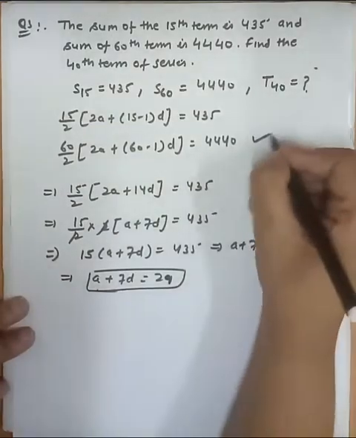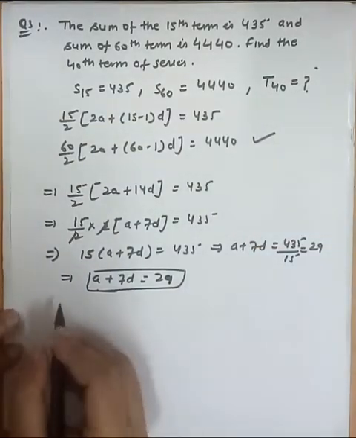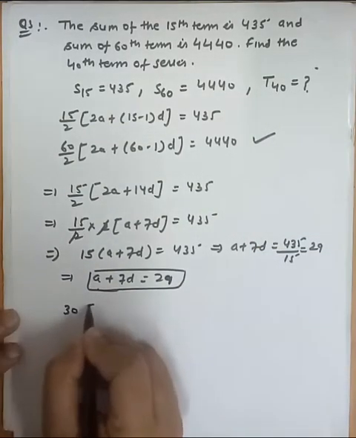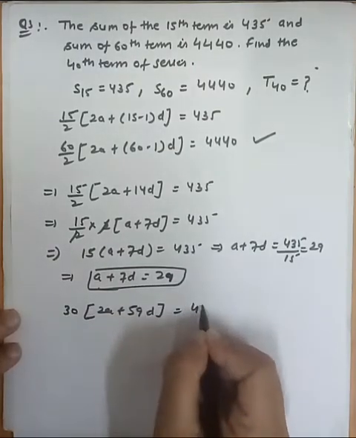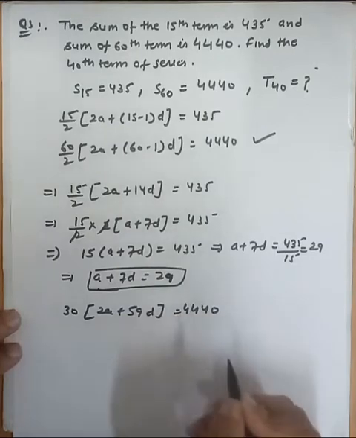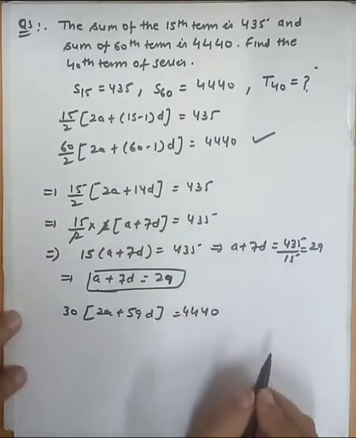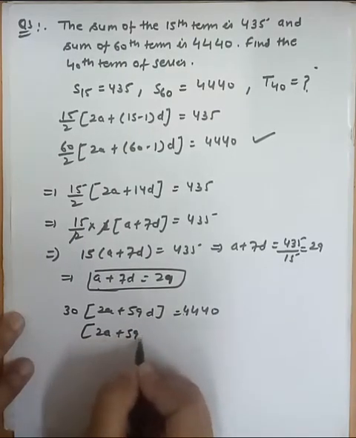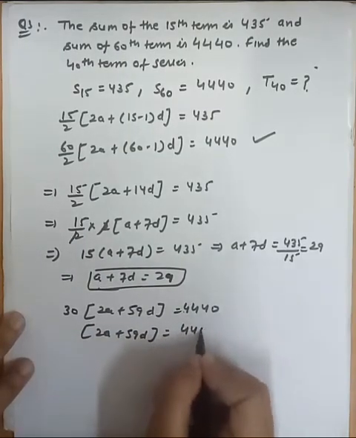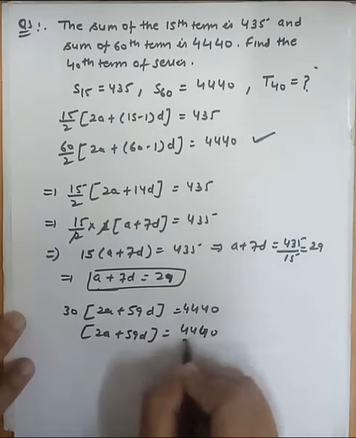Similarly solve this equation. So here 30, 2a plus 59d equal to 4440. So now take this one, divided by 30.